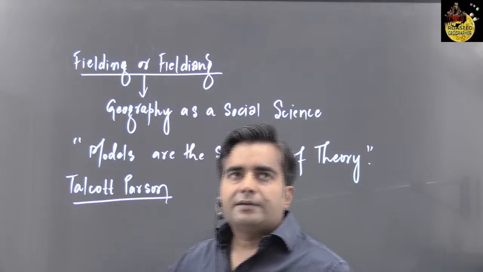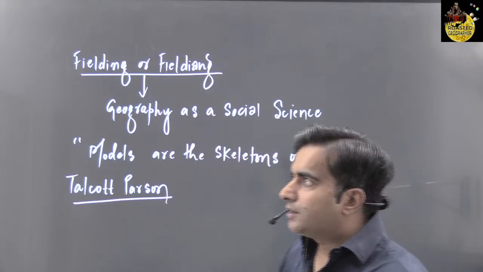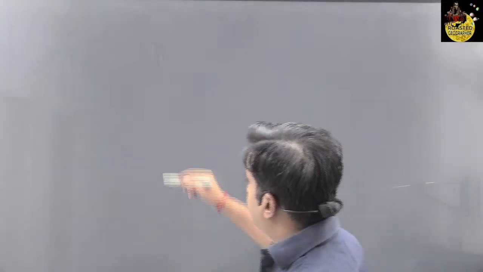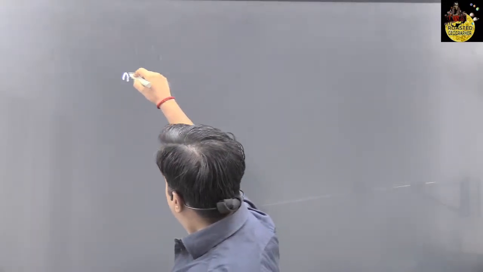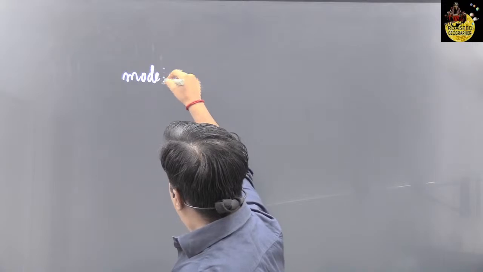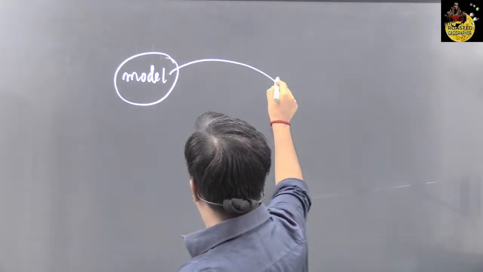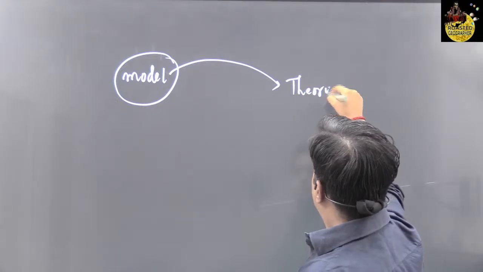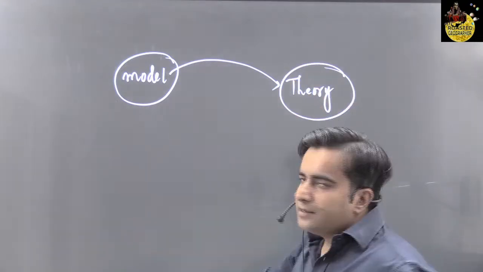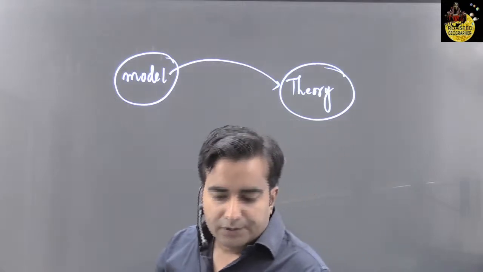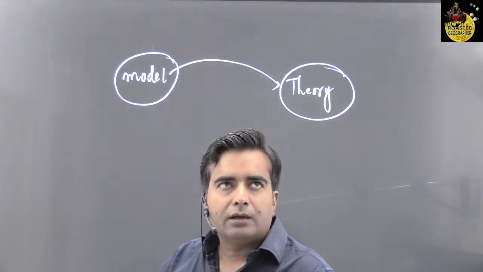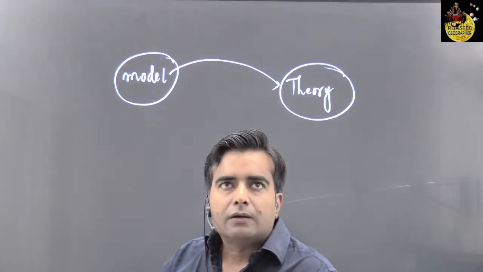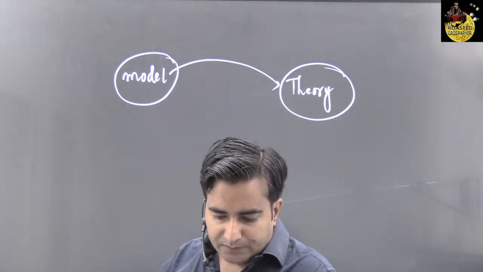One may derive a theory based on a model. It means model leads to a theory. One may derive a theory based on model, or vice versa.